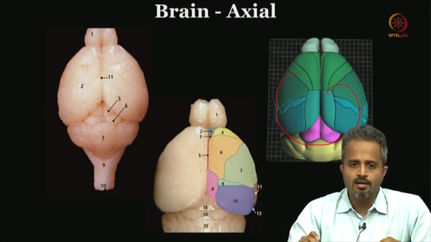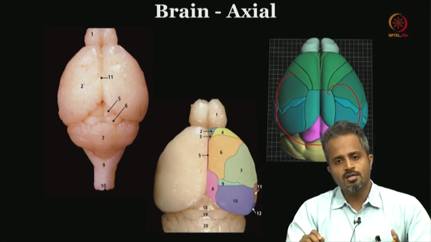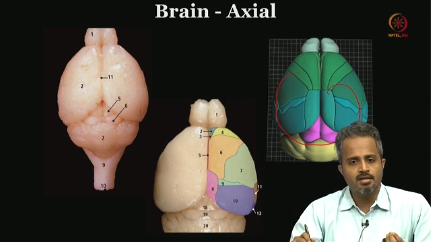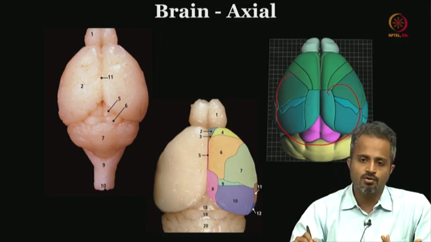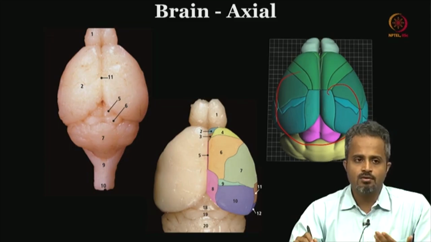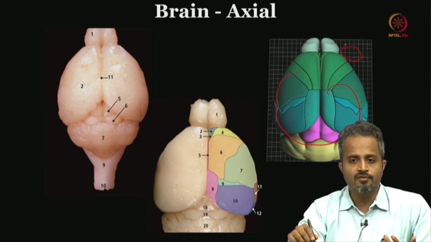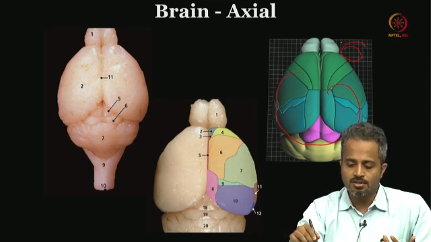On the right hand side, this structure is from the Allen Mouse Brain Atlas, which is freely available for you all to access. I strongly recommend that whoever is involved in rodent neural experiments, please use these models to understand the three-dimensional aspect of the rodent brain and the structure that you are going to operate on or implant on, because they have this beautiful reference grid system. Approximately that constitutes around 0.5 millimeter.